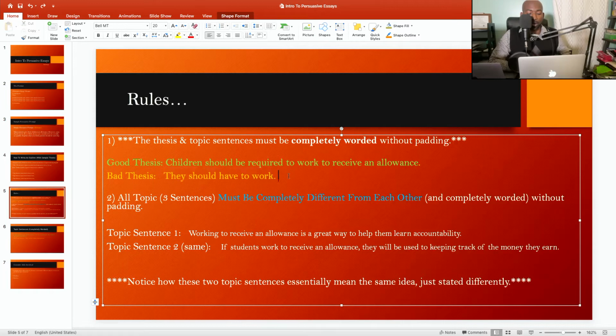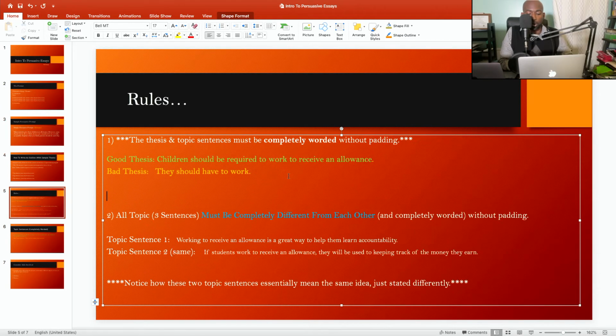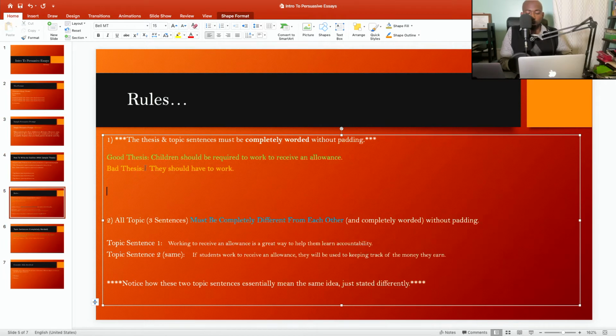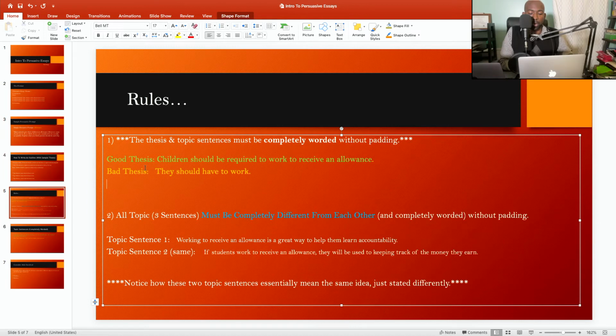So the question becomes, what causes it to be completely worded? Well, first of all, who does this they refer to? Well, you want to avoid starting your sentences with vague pronouns like they. So who does they refer to? Well, they refers to the children. But even if I say children should have to work, even that is not enough.